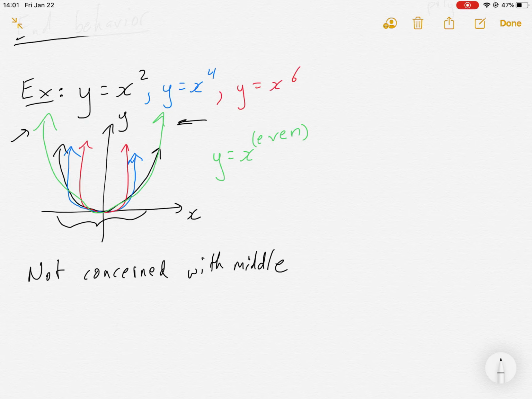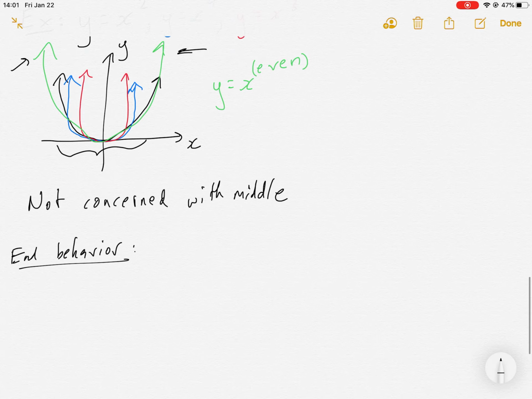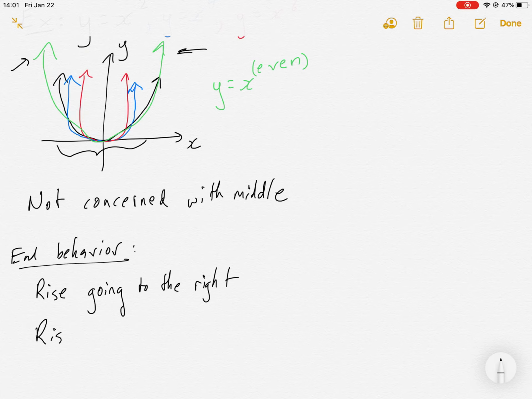So if we were just writing this kind of colloquially, we could say the end behavior of all of these graphs is the exact same. The end behavior is that they rise going to the right, they also rise if we're going to the left.